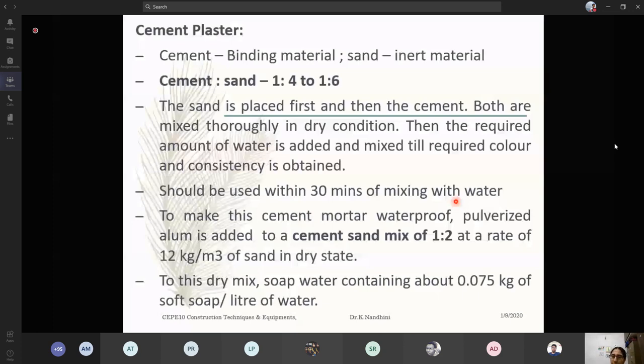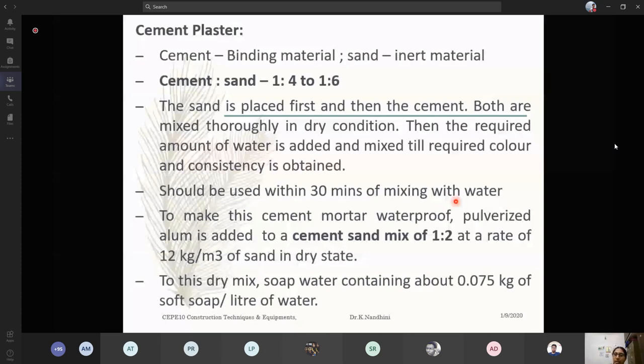You might have seen masonry workers near your house or any nearby area. If the wall is ready and they want to do the plastering work, they'll mix only a few proportions. For the entire wall, they will not mix at a stretch.